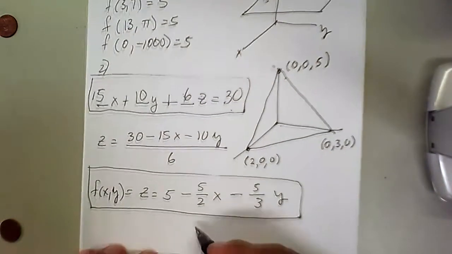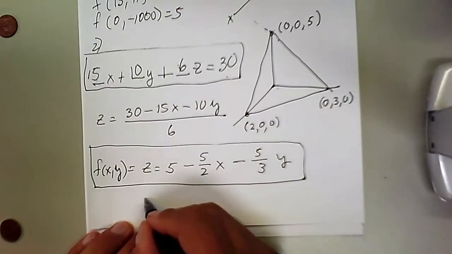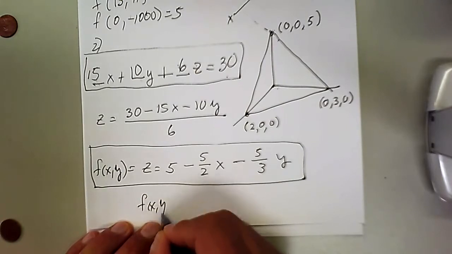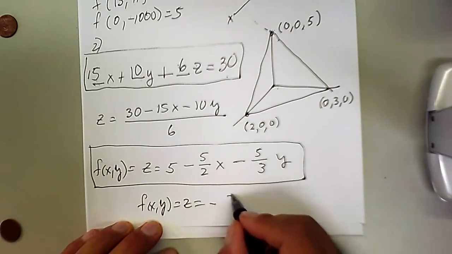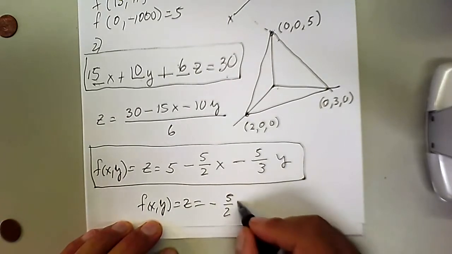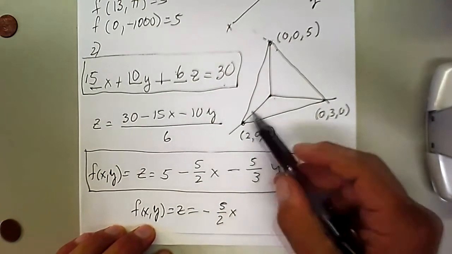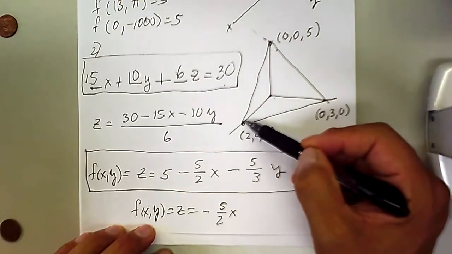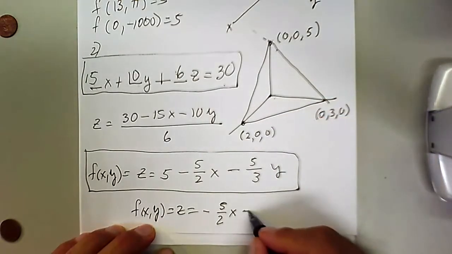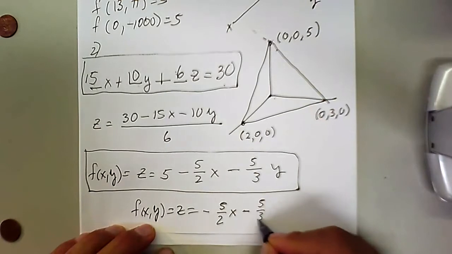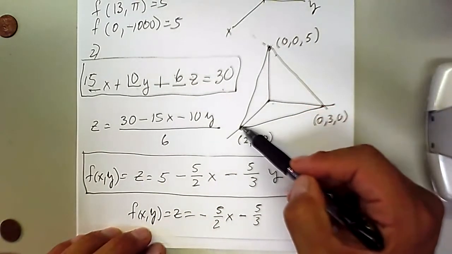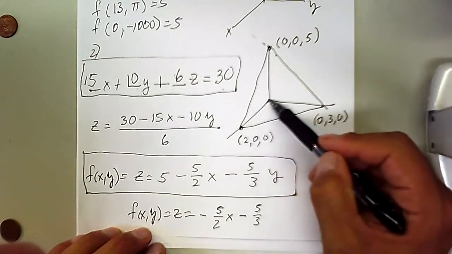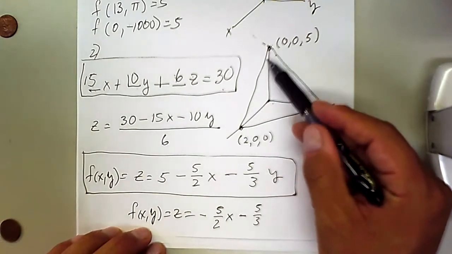I guess one way to think of it, alternatively, is z equals, there's a slope of -5/2 in the x direction. So if you go in the x direction, this is sloping down at -5/2. There's a slope of -5/3. And it makes sense, by the way, that we are sloping down by 5/2 because the run here is 2 and the rise is 5, except that we're going backwards.